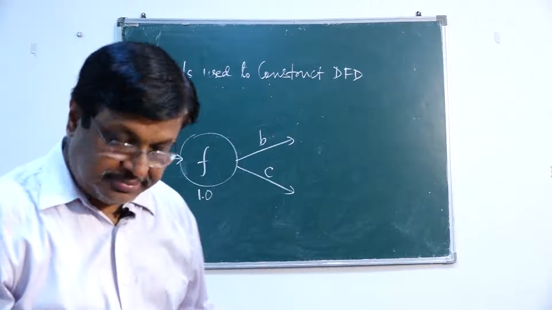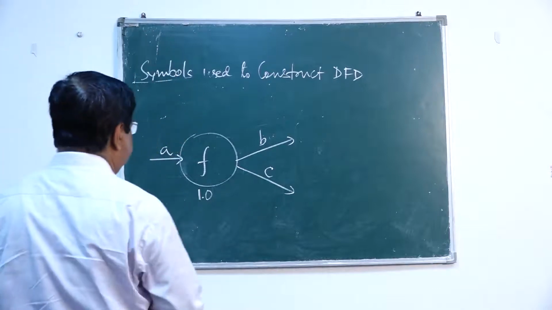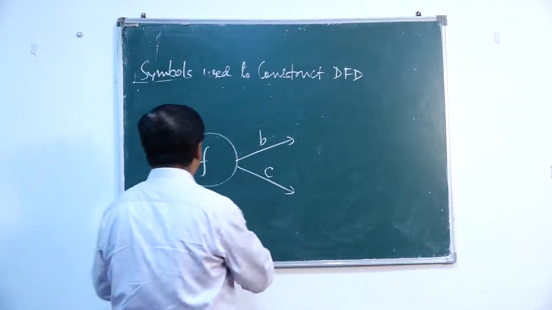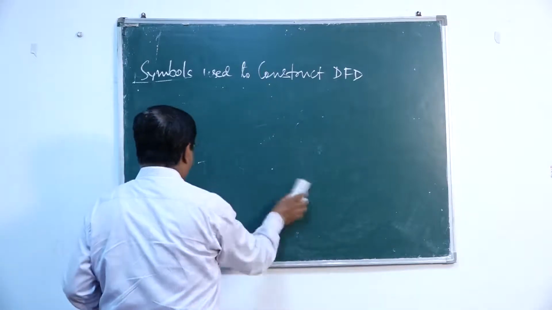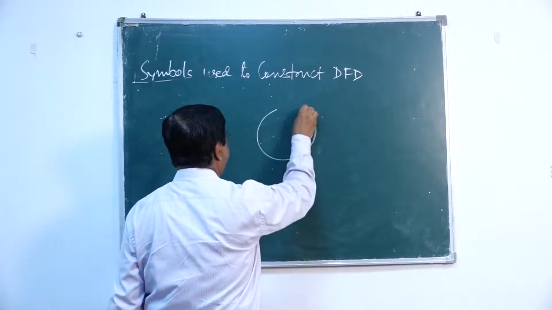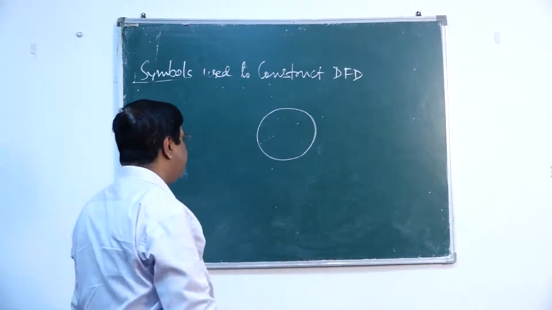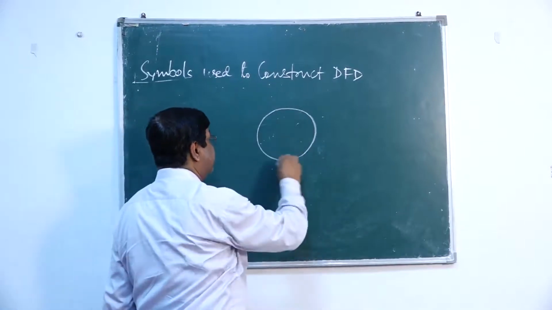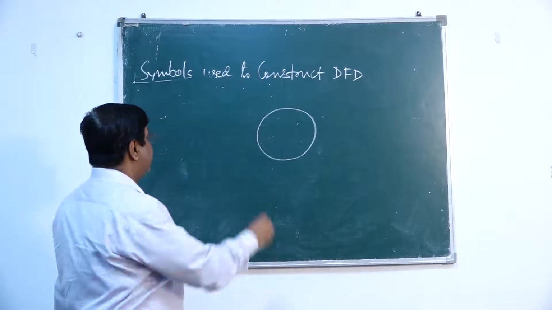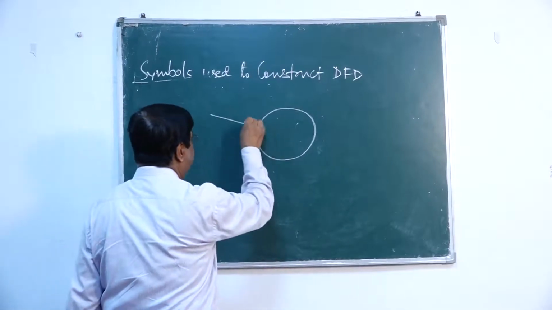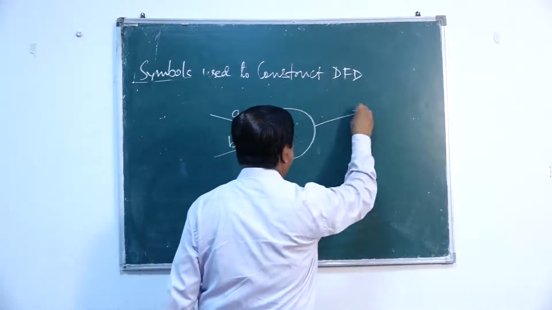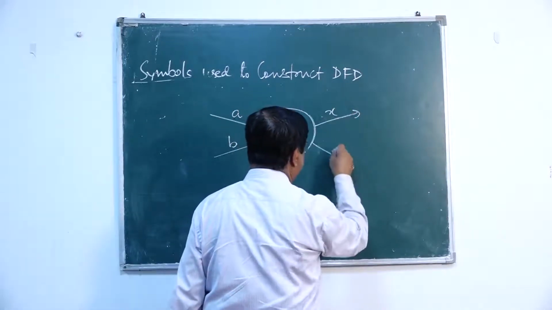DFD is divided into levels. Suppose this is a system, right? The entire system is embedded within this circle, and say A and B are input and X and Y are output.